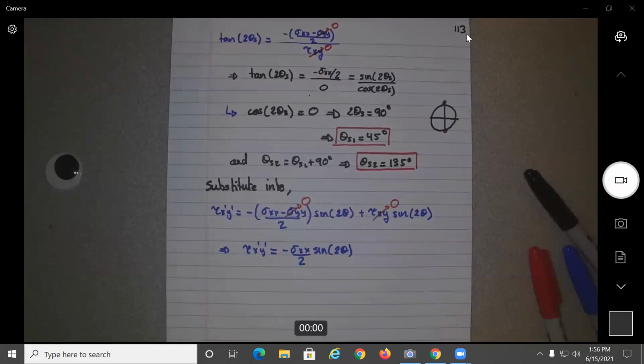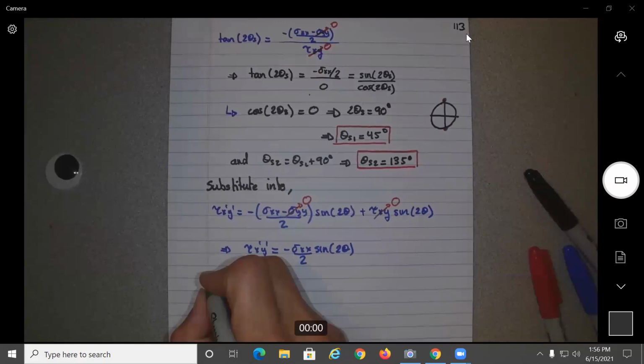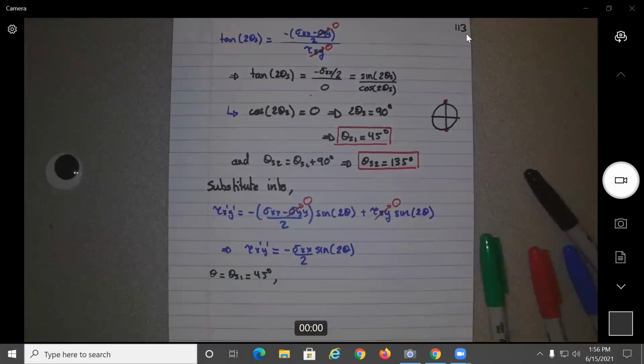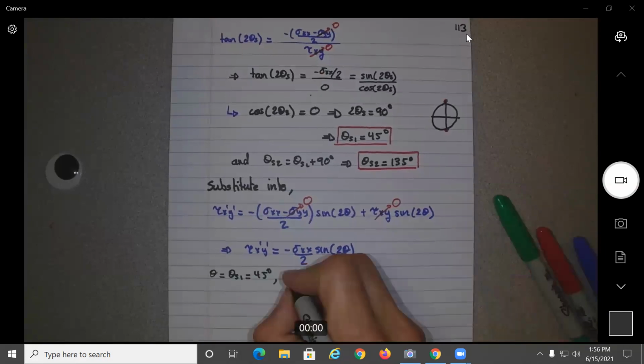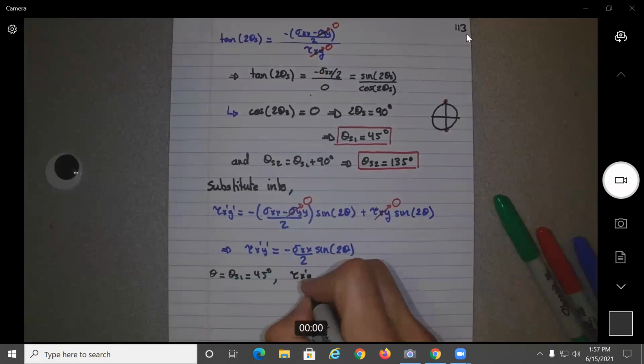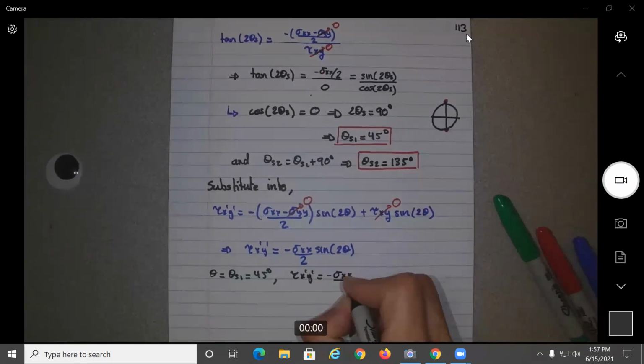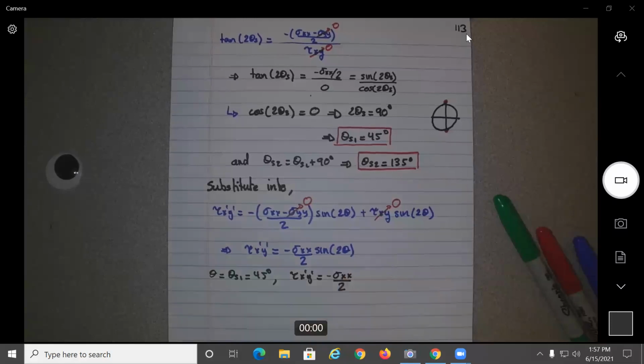Almost, guys, almost done with this. So for theta equal theta s1 equal to 45, we get tau x prime y prime equal to negative sigma xx divided by 2, which is what?